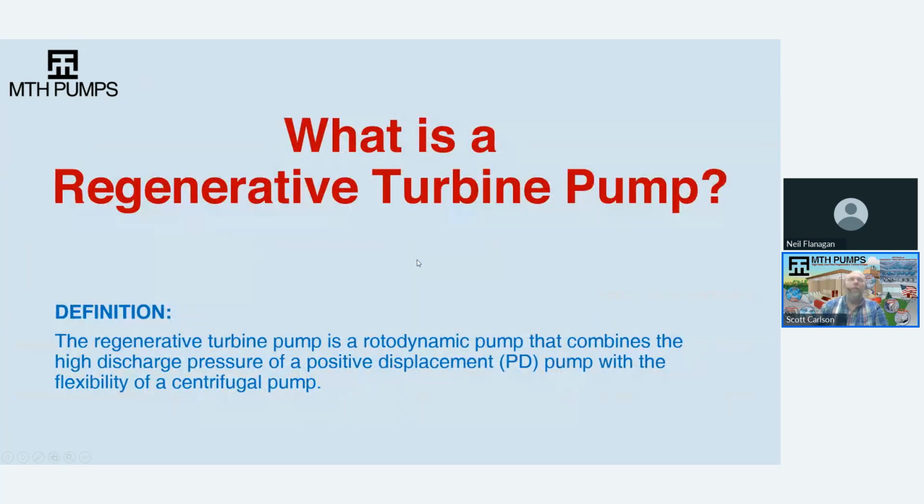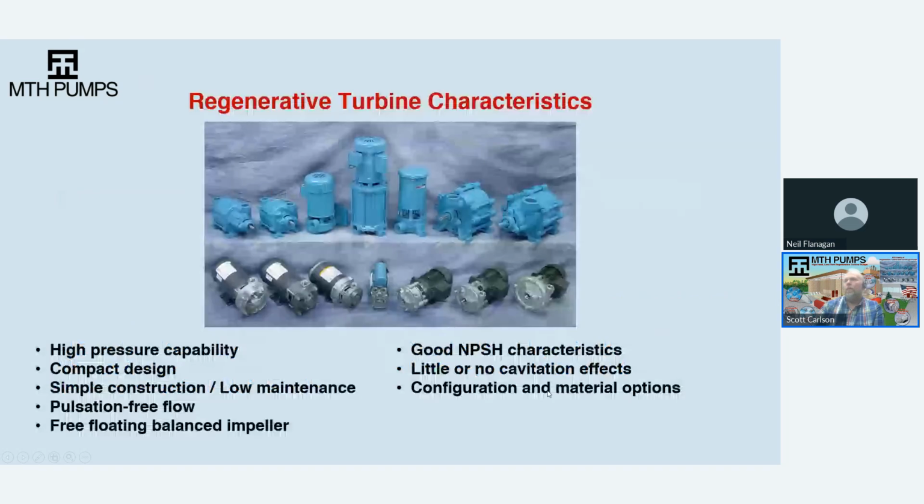What is a regenerative turbine pump? A regenerative turbine pump is a rotodynamic pump that combines the high discharge pressure of a positive displacement pump with the flexibility of a centrifugal pump. So regenerative turbine characteristics: we have the high pressure, they're a compact design, simple construction.